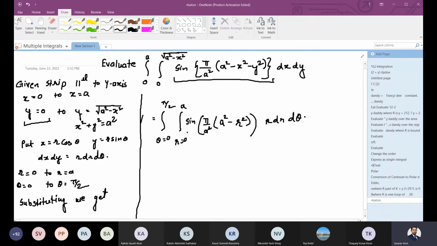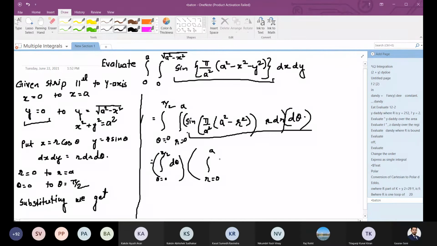Look, this can be written as the product of r and theta. You can see that both the limits are constant for theta as well as r. Moreover, this integrand is the product of a function of r and a function of theta. So I'll separate this. Theta is running from 0 to pi by 2 d theta. And in the next integral, r is running from 0 to a, sine of pi by a square into a square minus r square.